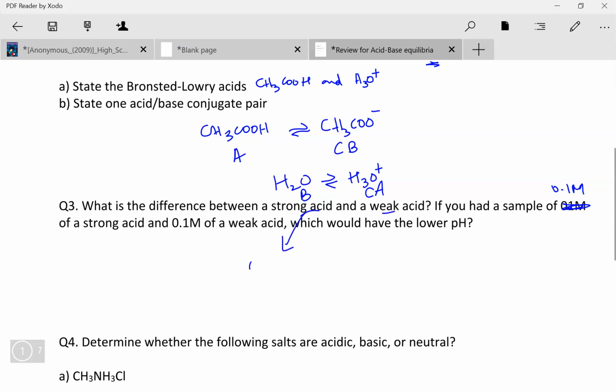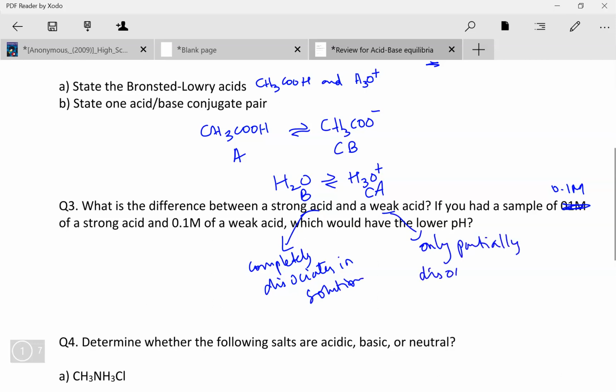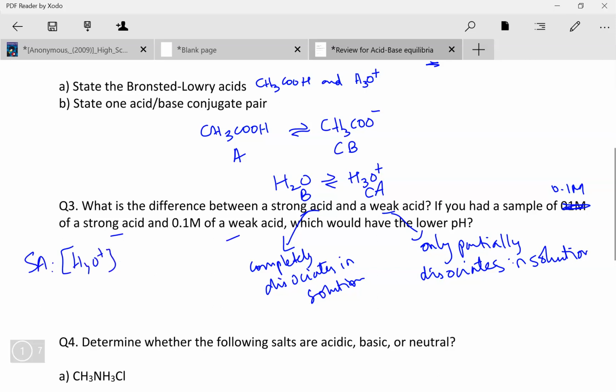What is the difference between a strong acid and a weak acid? A strong acid is an acid that completely dissociates in solution. A weak acid only partially dissociates in solution. So if you had the same concentration of a strong acid and a weak acid, for the strong acid the H3O plus concentration would be 0.1 molar exactly. For the weak acid, depending on what it is, the H3O plus concentration would be somewhere under 0.1, definitely.